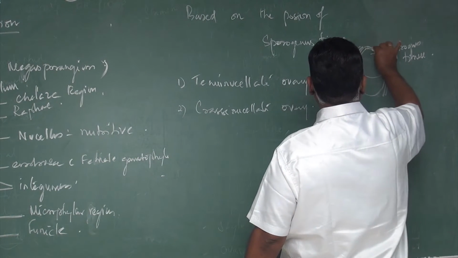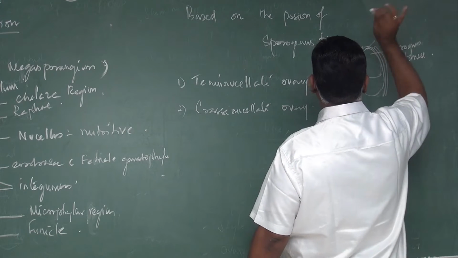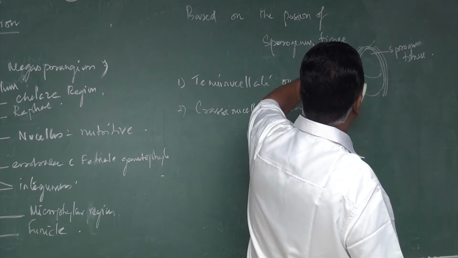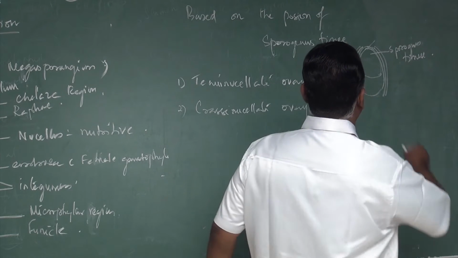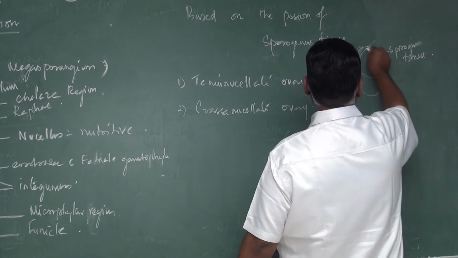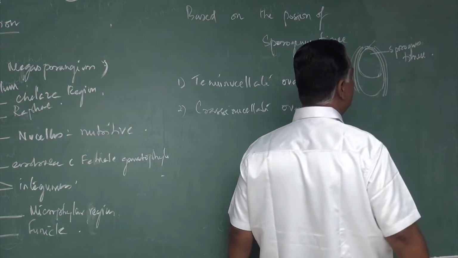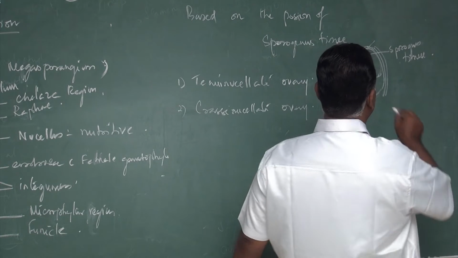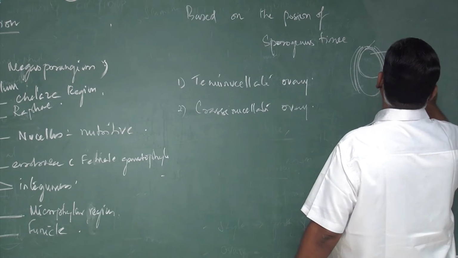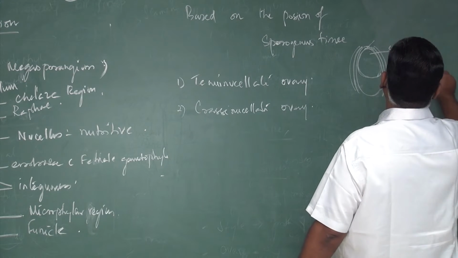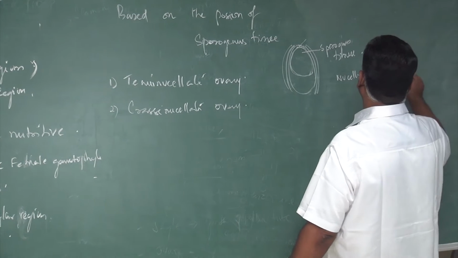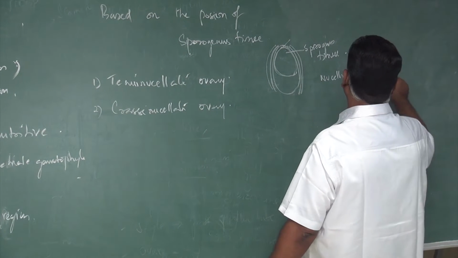Only one layer of parietal cells is present, called primary parietal cells. Next to that there is the nucellus or sporogenous tissue. And in this case, the nucellus and embryo sac are smaller.